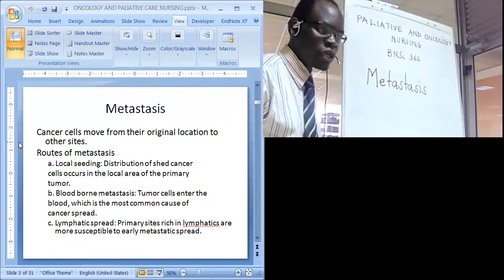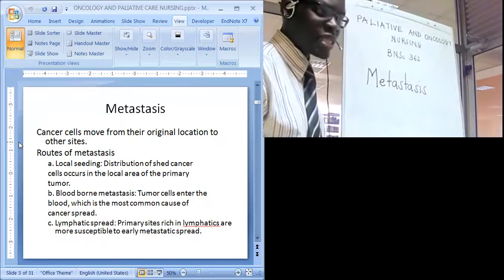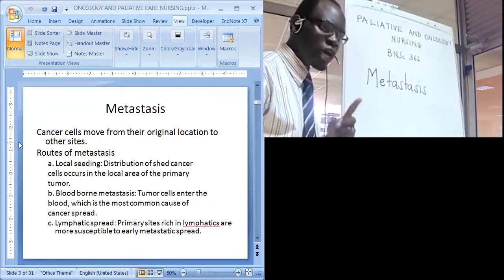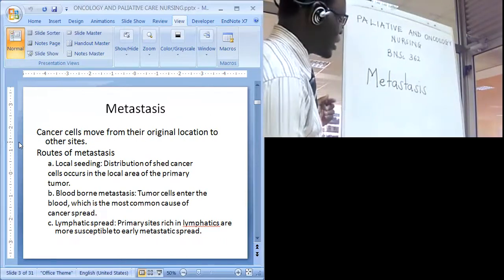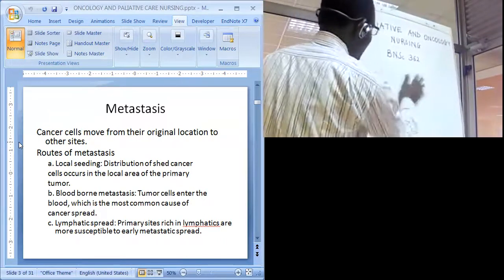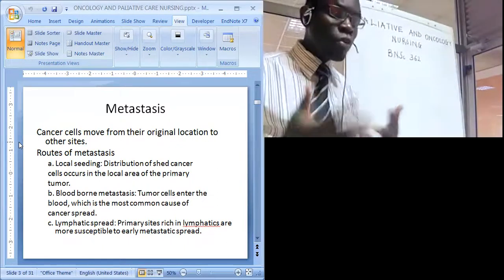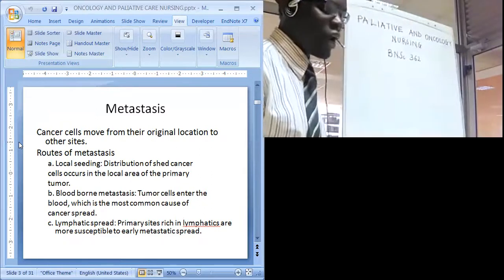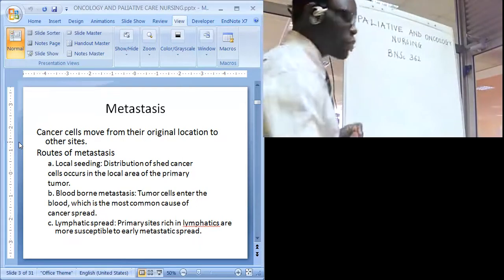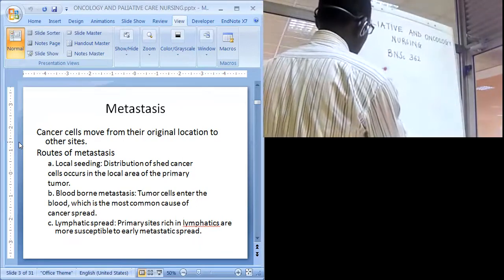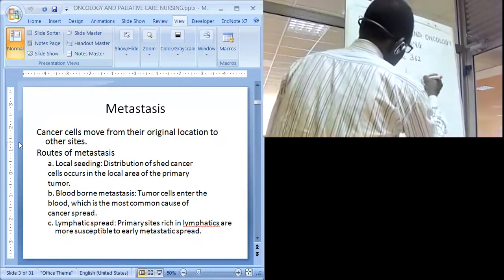And of course, we are going to see the several routes through which these cancerous cells move from their original location to other sites. Where or how do they move from one place to another? There are basically three routes. One is what we call local seeding.